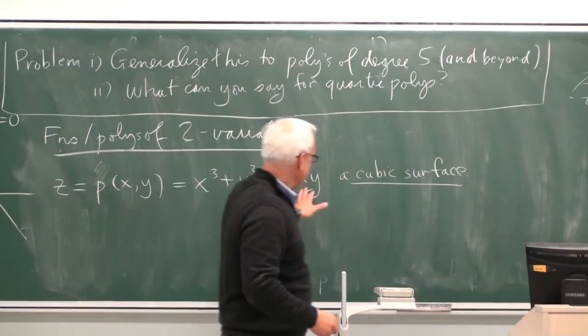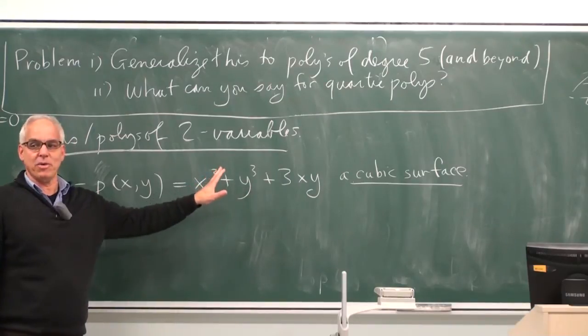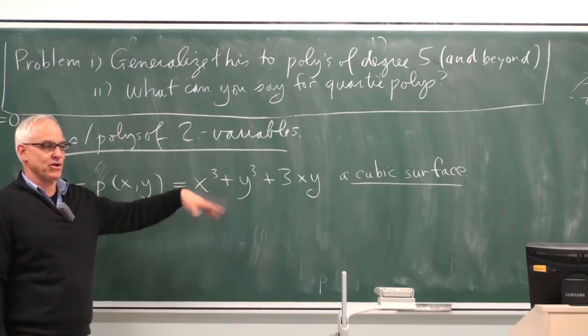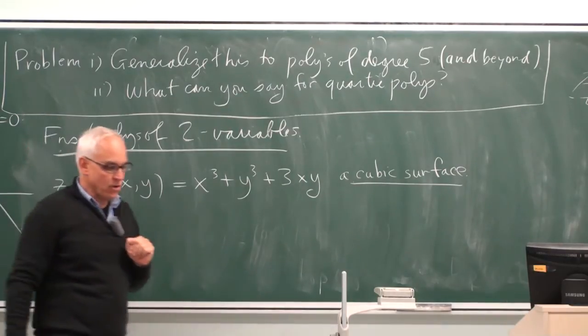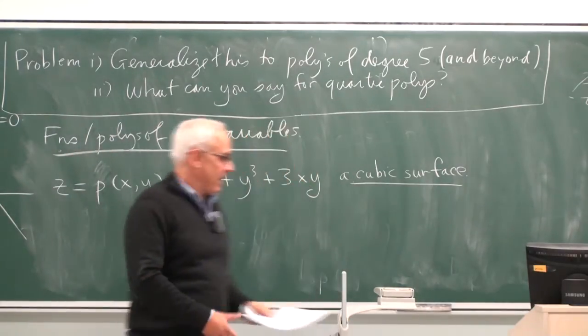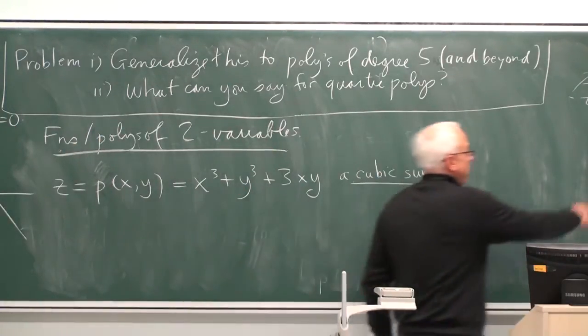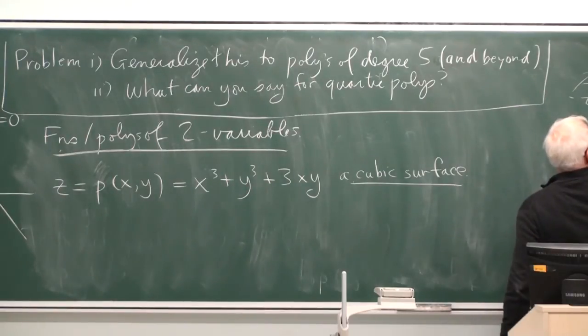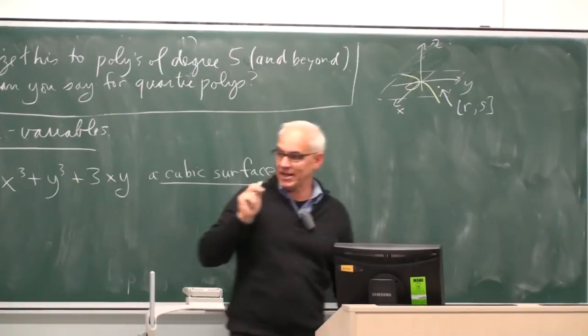This is just one of many possible cubic surfaces; there are lots of others that look completely different. We're going to approach this exactly in the same way that Lagrange would suggest, except we're going to choose a point in the xy plane, say with coordinates r and s, not just a single number.